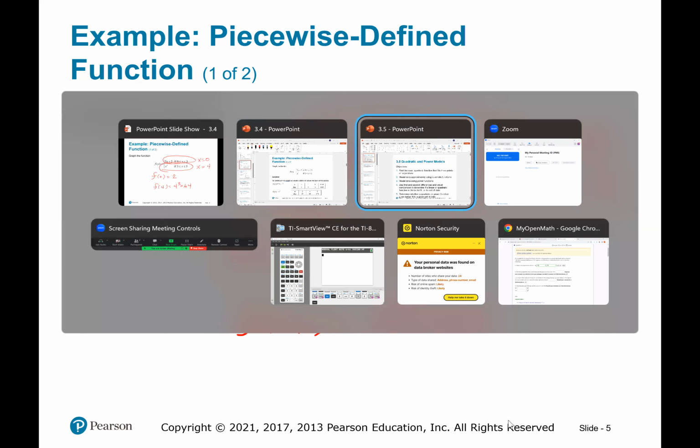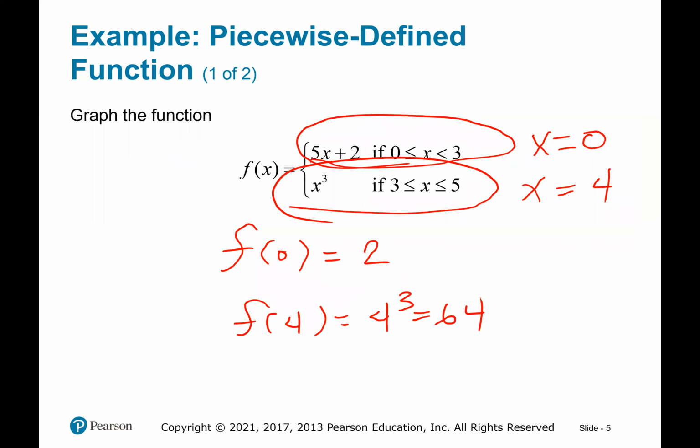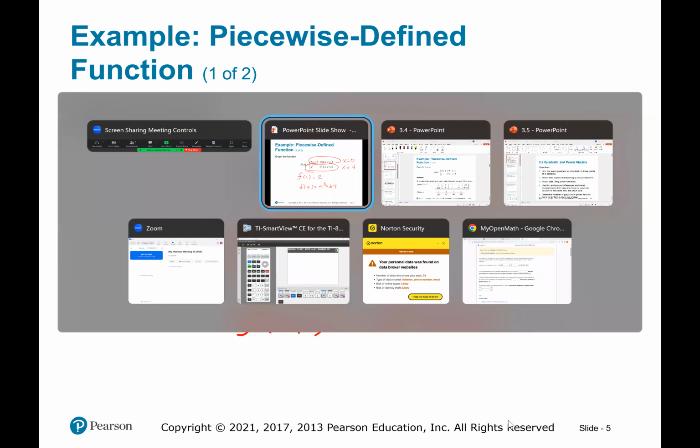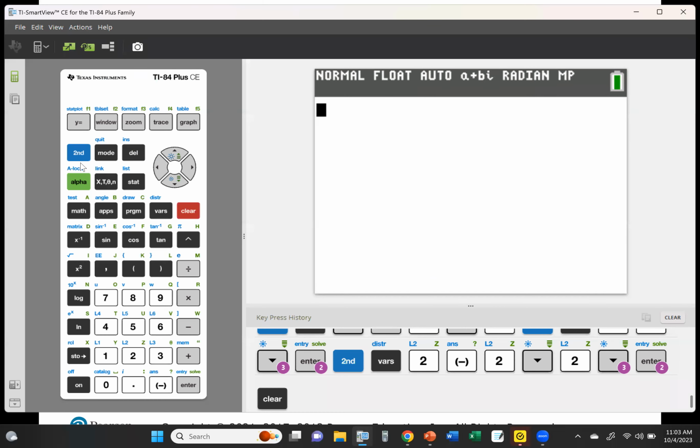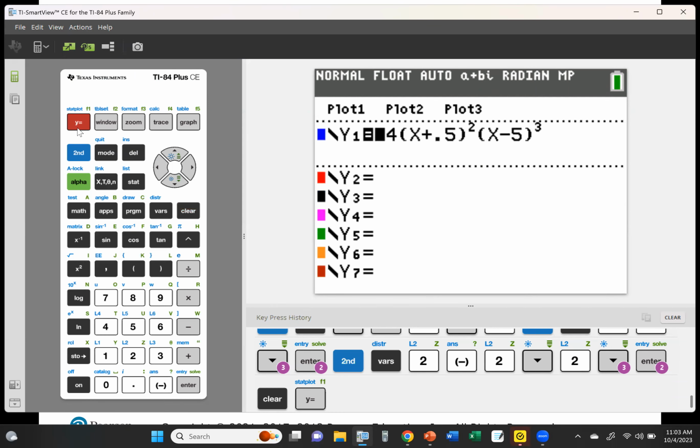So I'm going to go over to my calculator, try this again. Here we go. And I'm going to go to my y equals. And I'm going to clear out what I got in there. Okay, so the first part of this function, the y value was defined to be 5x plus 2, and that's for x between 0 and 3.